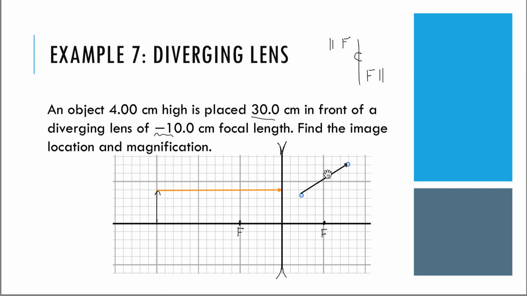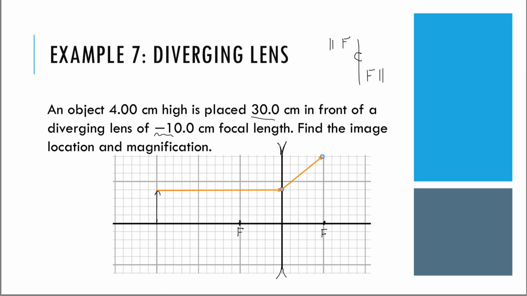So we draw a line that appears to come from that focal point. You could have a dashed line here, and you could see that it would have to have the same slope. You can count your squares, up 4 over 5. So this line here has the exact same slope as though it's coming from that focal point.